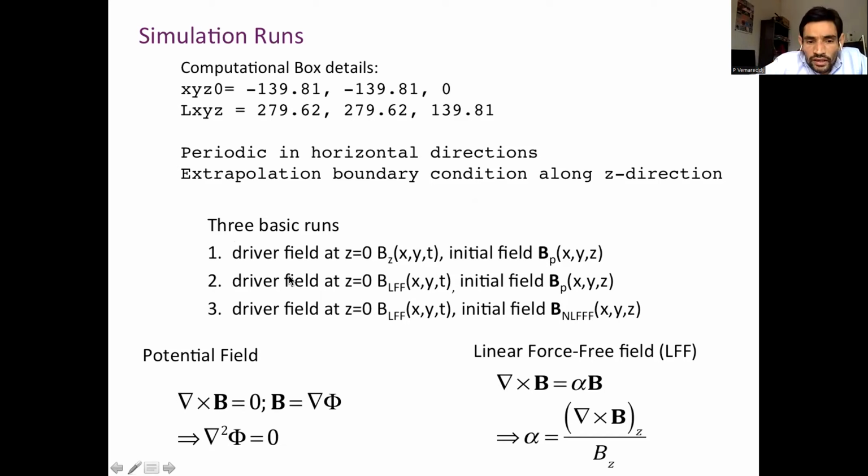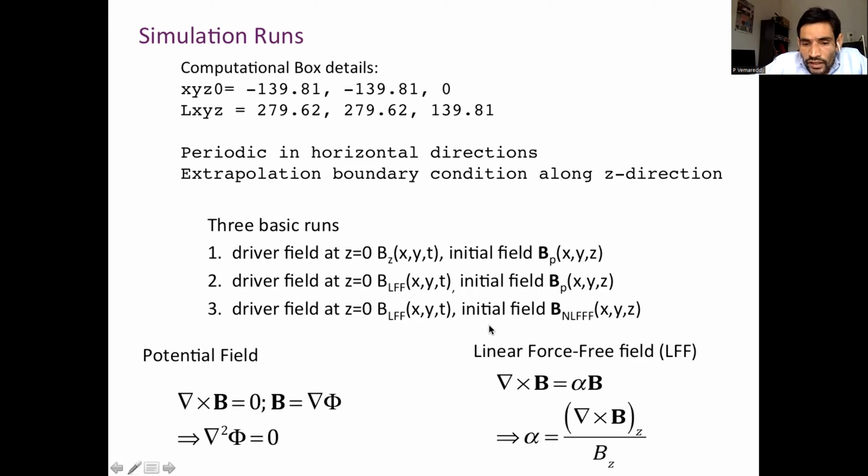One is where the driver field is Vz and the initial field is a potential magnetic field. Another is where the driver field is a linear force field, where we can embed the twist in the magnetic field so that it goes into the solar atmosphere, with the initial condition as a potential magnetic field.